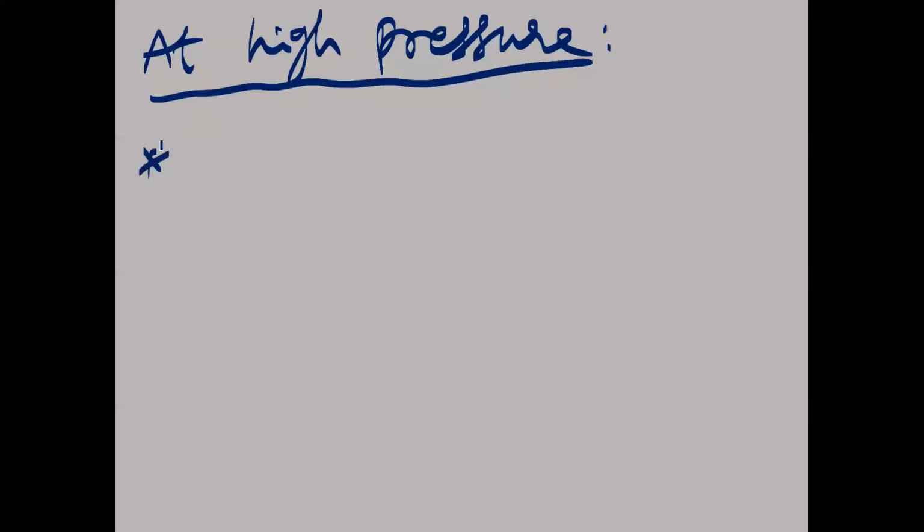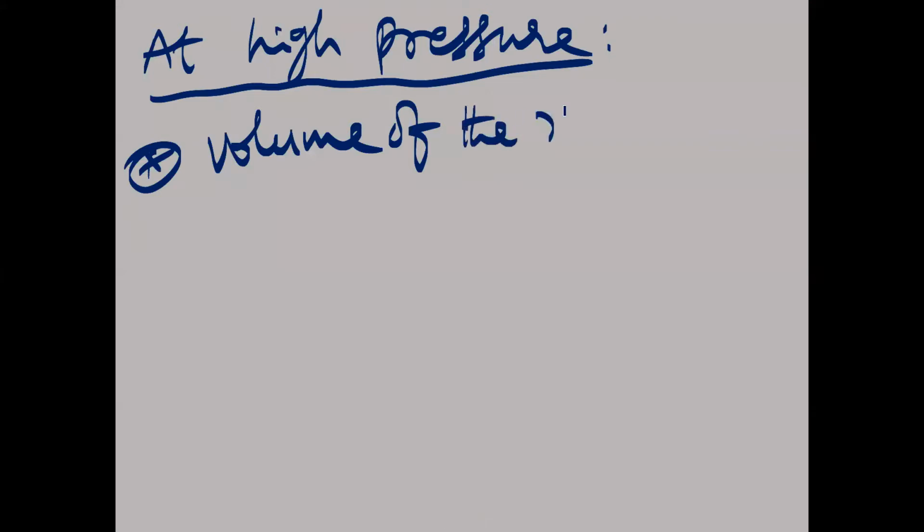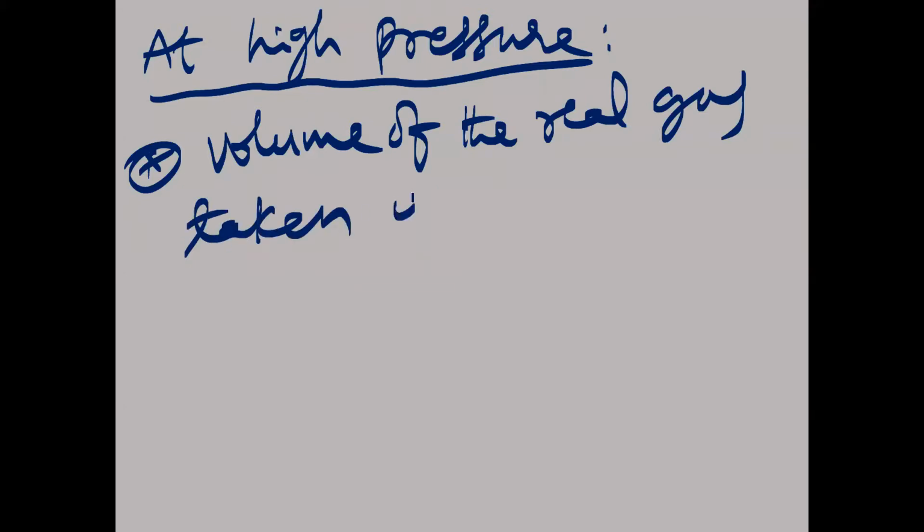So the volume of the real gas is very small. When volume is very small, we cannot neglect B.